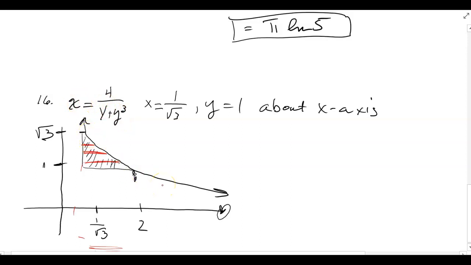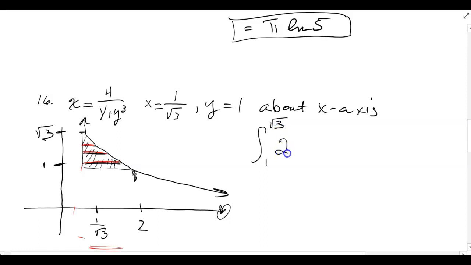So we're going to keep it as it is. We're going to use our shell method and revolve it around the x-axis. So using that method, according to the formula, since we're revolving around the x, we're actually integrating with respect to y. So we're going to go from 1 to radical 3 in our integral.